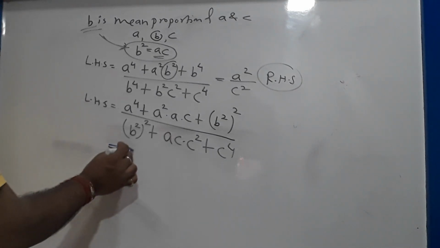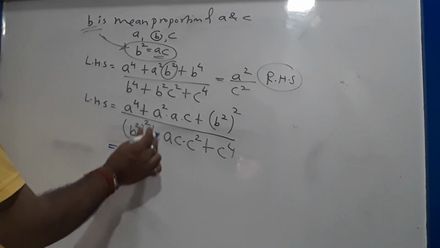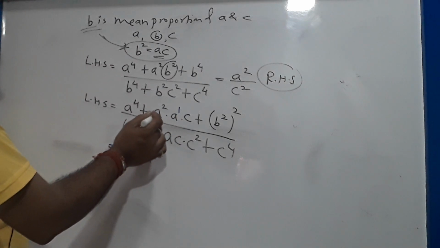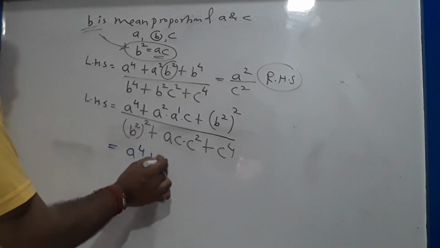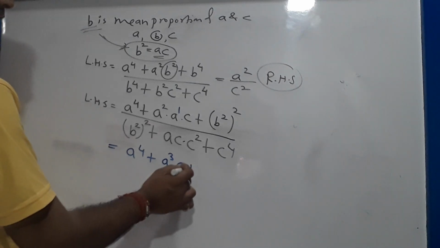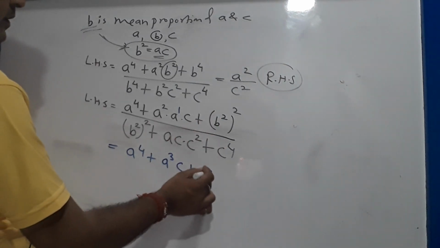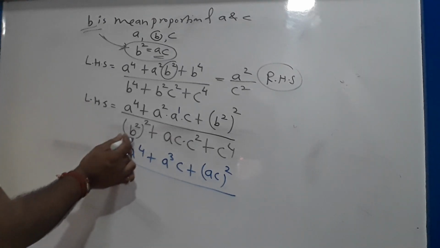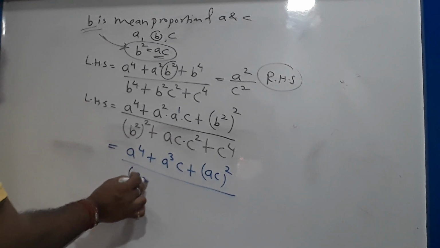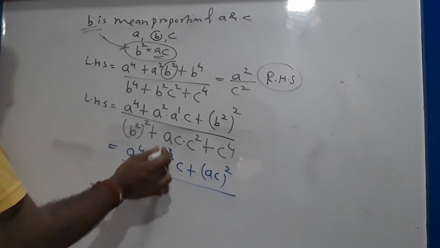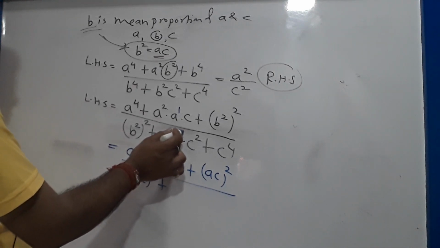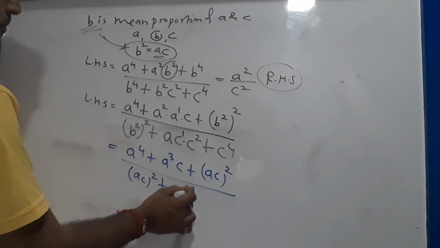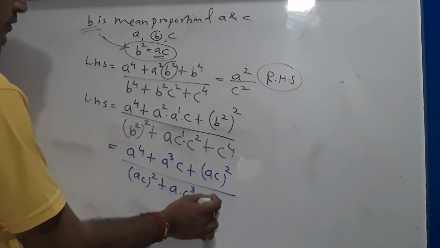So A power 4 plus, what is A square into A? Same base A, so you can add the powers, A cube C, plus what is B square? AC, then (AC) square upon B square, (AC) square, plus A into C square, C power 1, C power 2, then AC cube plus C power 4, correct?